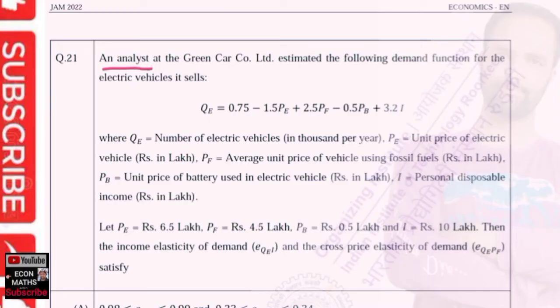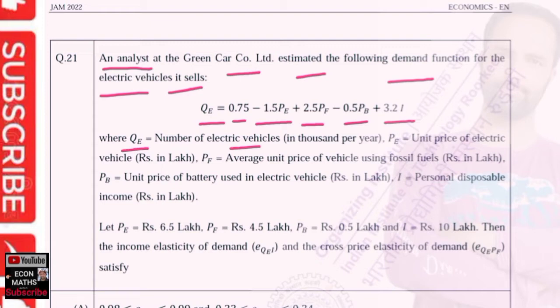So an analyst at Green Car Store Limited estimated the following demand for the electric vehicles it sells. We have QE is equal to 0.75 minus 1.5 PE plus 2.5 PF minus 0.5 PB plus 3.2 I, where QE denotes the number of electric vehicles in thousand per year, PE denotes the unit price of electric vehicles in lakhs, PF denotes the average unit price of vehicles using fossil fuels in lakhs, and PB denotes the unit price of battery used in electric vehicle in lakh.